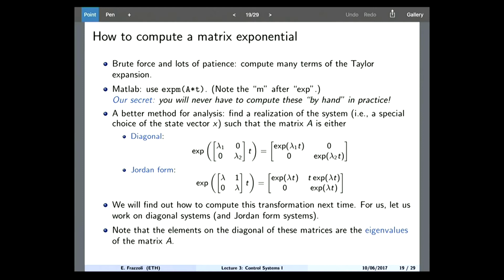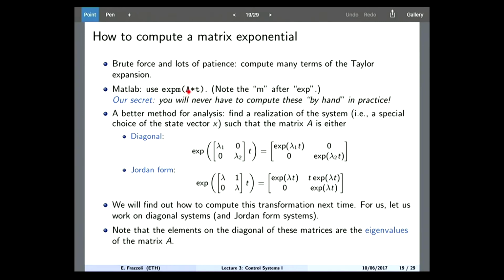The shortcut is to go to MATLAB, where there is a command that computes the matrix exponential for you numerically. Notice that if you want to compute the exponential of a matrix, you have to use the command expm, with the little m at the end, and that will compute the exponential of the matrix A times t. I'm saying that because I guarantee you that you will get this wrong at some point in your career, one or more times.